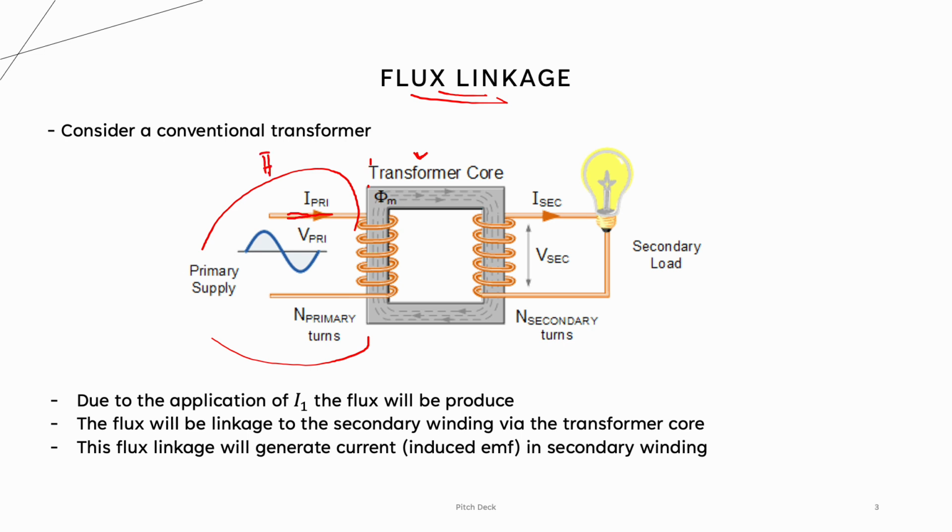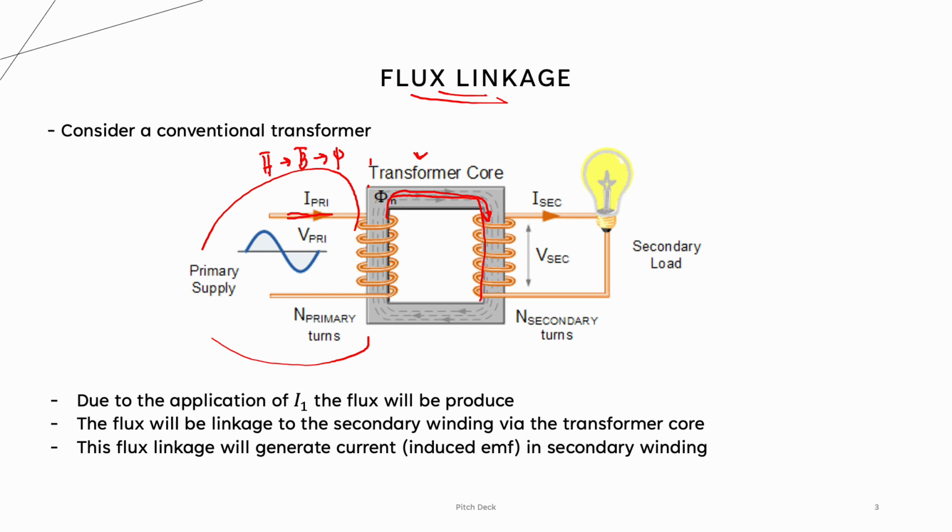From the H field, of course, the B field, the magnetic flux density, will be generated, and from this magnetic flux density, it will produce the flux. This flux will then be linked to the next winding, which is the secondary winding, via the transformer core.